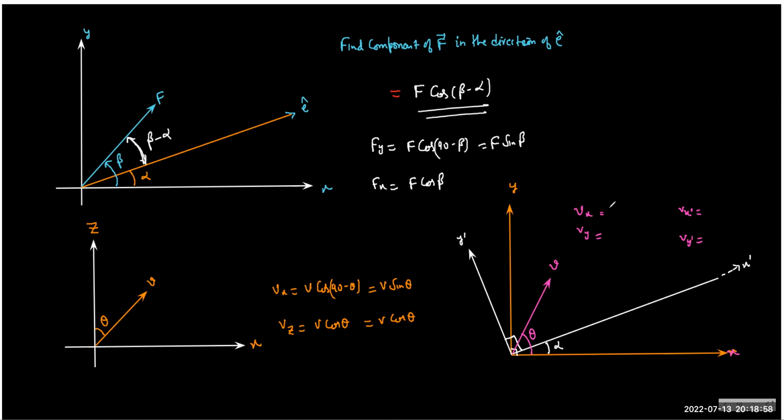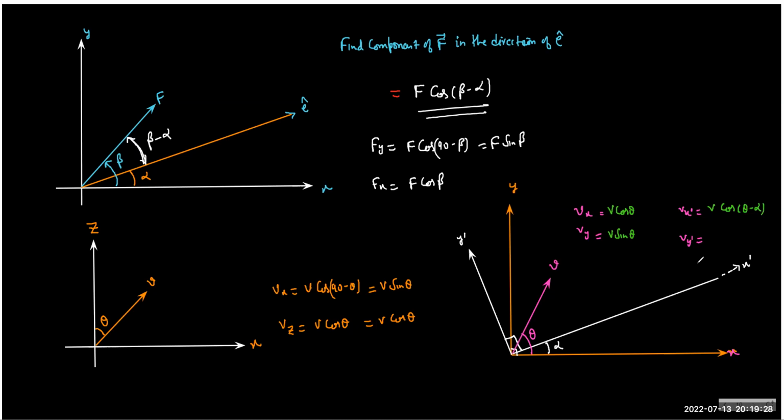So Vx is V cos theta. Excellent. So Vy is V sin theta. Excellent. So what is Vx dash? V cos theta minus alpha. That's correct.